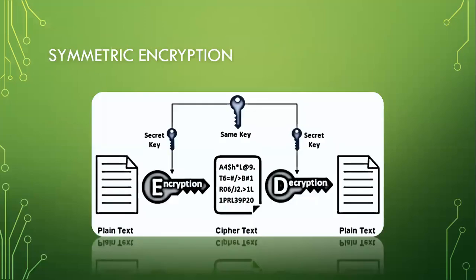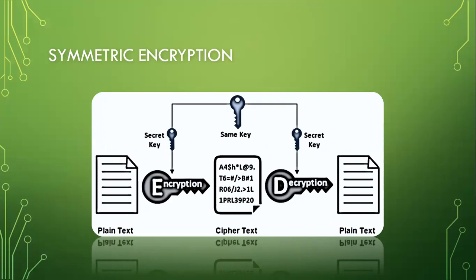Next, symmetric encryption key. What is a symmetric encryption key? The encryption key is used with data which is stored in the database at a specific static location. The same symmetric key is used for both encryption and decryption.